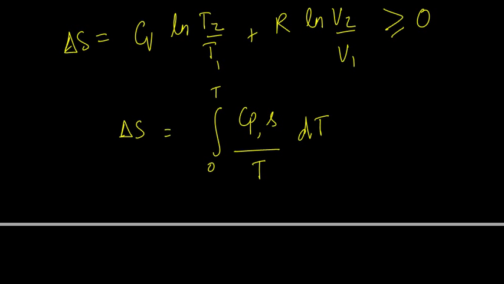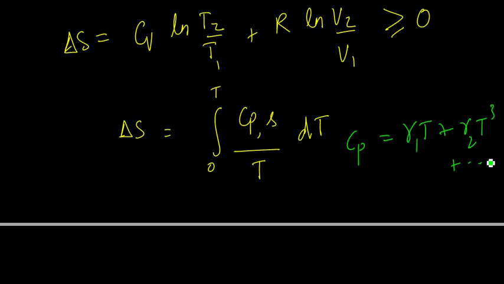Experimentally, CP has a temperature dependence of the form CP equals gamma 1 T plus gamma 2 T cube and so on.